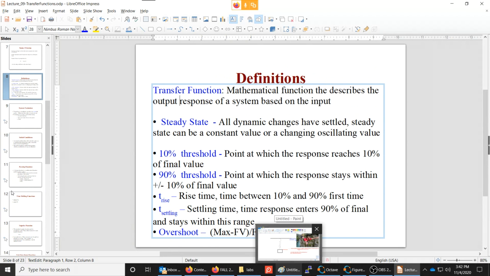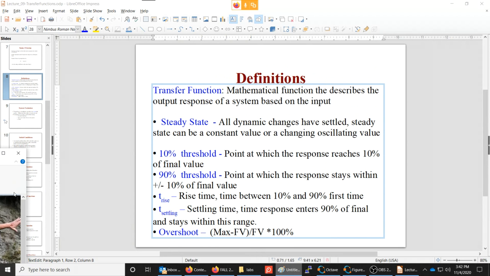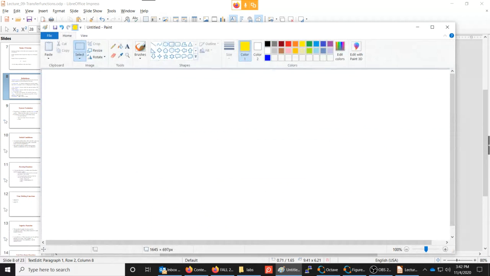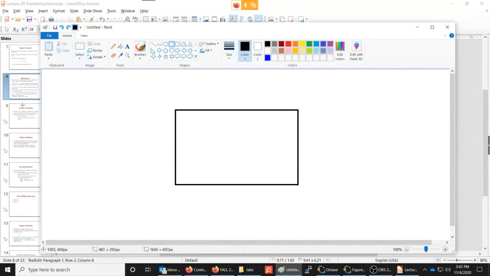All right, and so a lot of times, I guess I didn't put a block diagram in here. Let me just pop over here for a minute and try and draw this. So the idea here is I have some system. So this is my system, whether it's the guy in the bungee jumping or whatever.